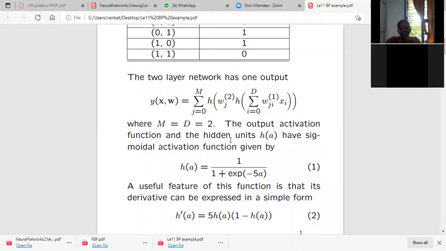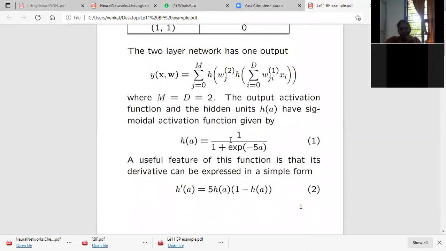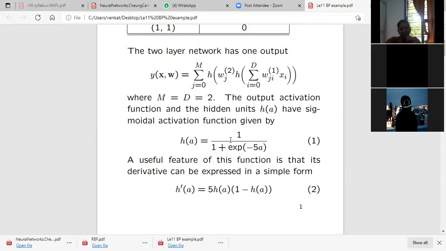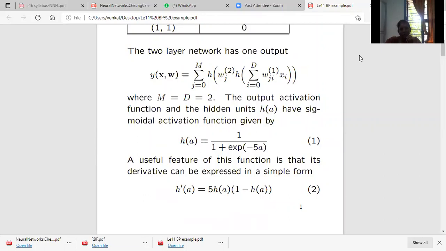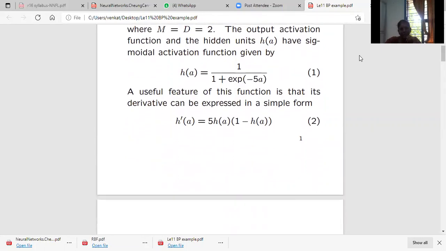Your activation function is the sigmoidal activation function, and its derivative is in a simple form: h'(a) = 5h(a) into (1 - h(a)).